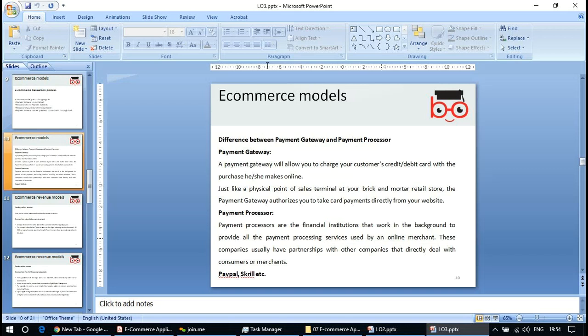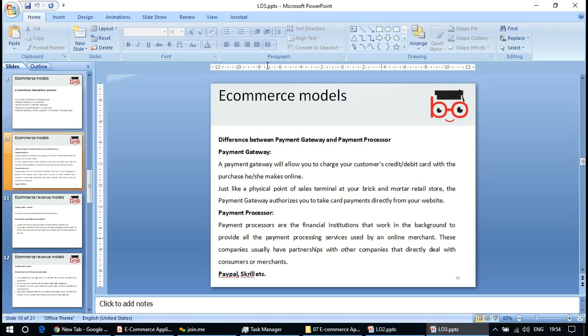So basically, they hold the payment. Like a gateway, which helps to take the payment and immediately send it to the merchant account, while the payment processor deals individually like an institution.